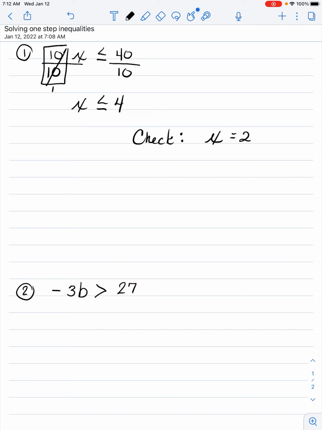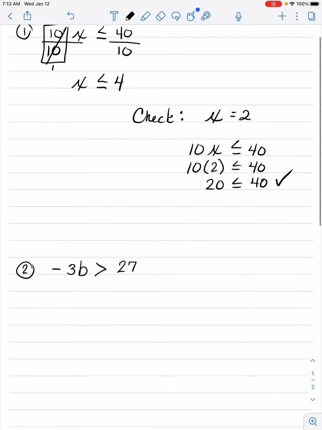We have our inequality, 10x is less than or equal to 40, and that would be 10 times 2 is less than or equal to 40. 20 is less than or equal to 40, and that is true. So I know that my solution checks out.